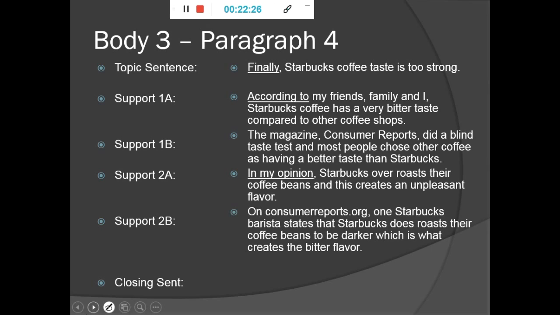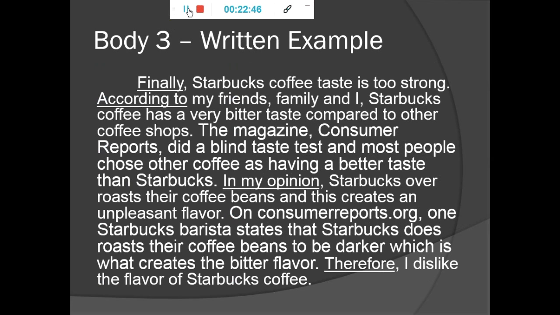On consumerreports.org, one Starbucks barista states that Starbucks does roast their coffee beans to be darker, which is what creates the bitter flavor. And closing sentence, therefore I dislike the flavor of Starbucks coffee.